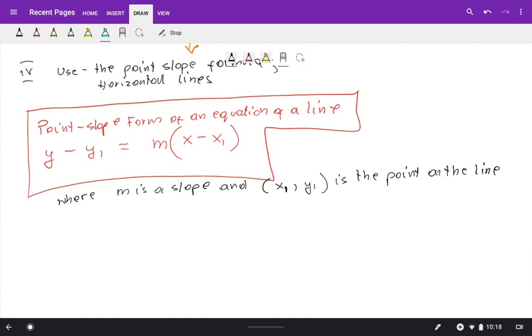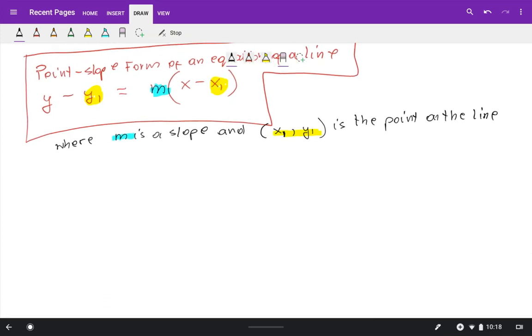So again, we know the slope, and also we know the coordinates of the point which belongs to the straight line, x1 and y1. When you create the equation, m, x1, and y1 have to be substituted with the given information, and your equation only keeps y and x as variables. So let me show you how to use that form, how to create the point slope form of the straight line.